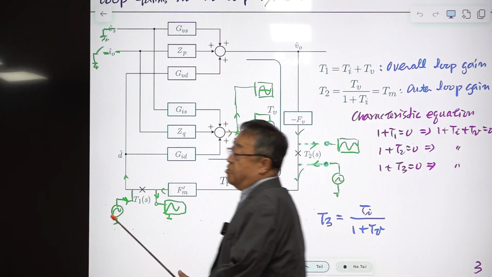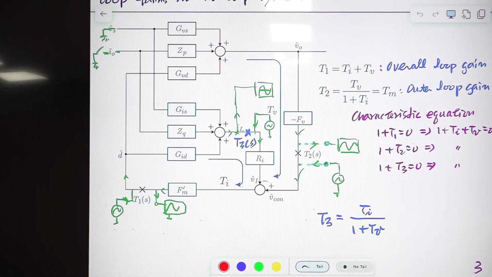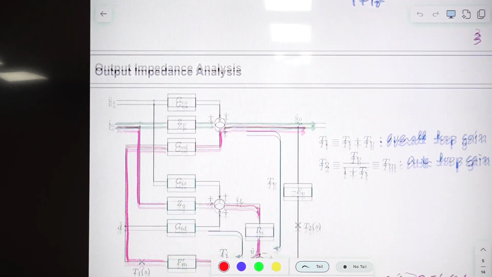So somehow I directly address this fact. This is important information when you are dealing with a system which has more than one feedback loop. Otherwise you get confused very much.